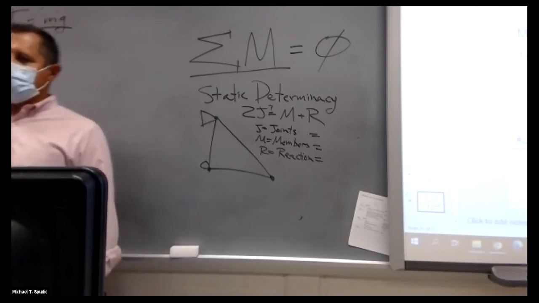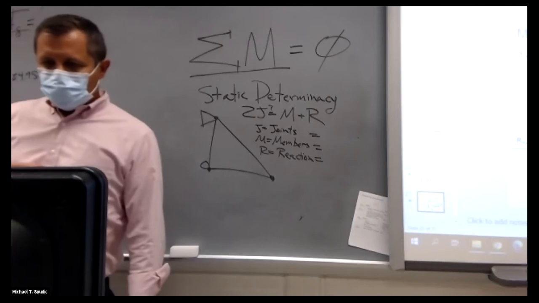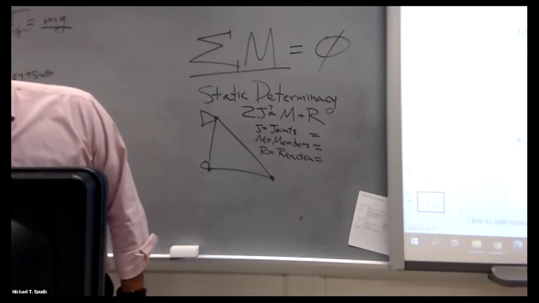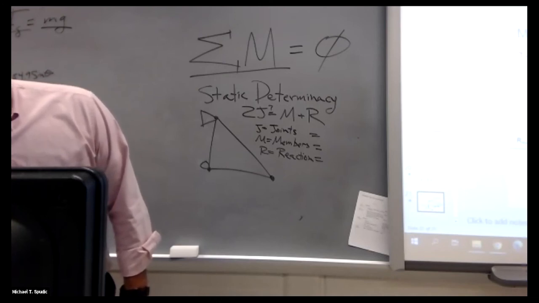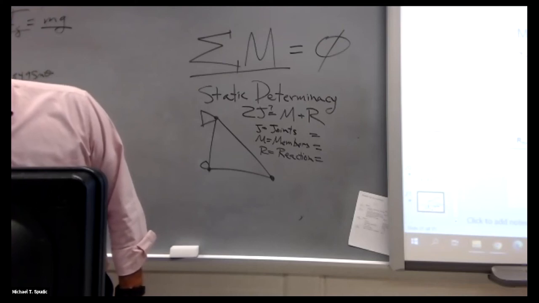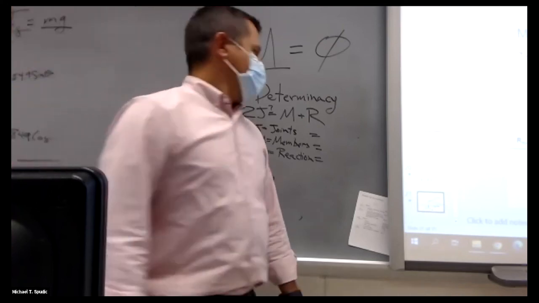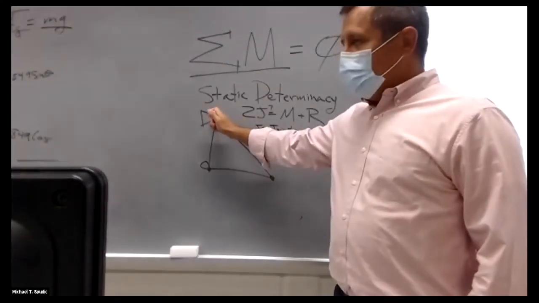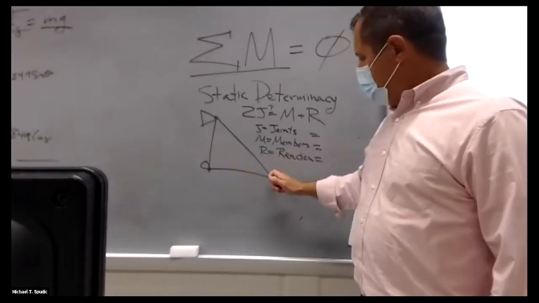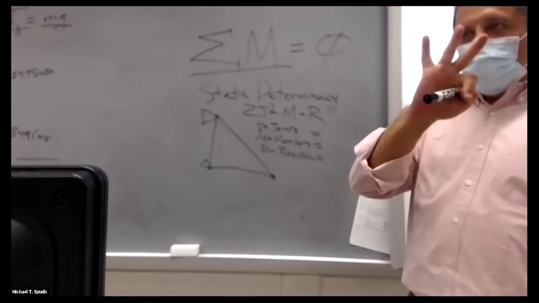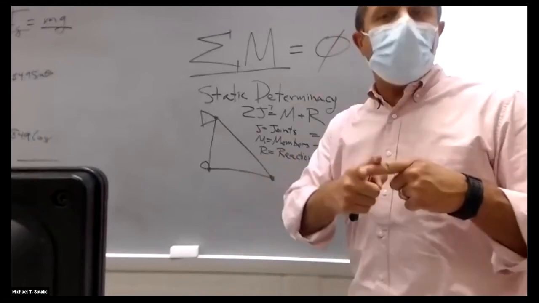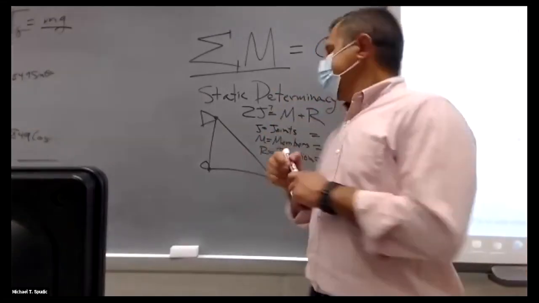Enter. Okay. Let's count them. 1, 2, 3. There are 3 joints. Any place two members are connected, it's a joint.